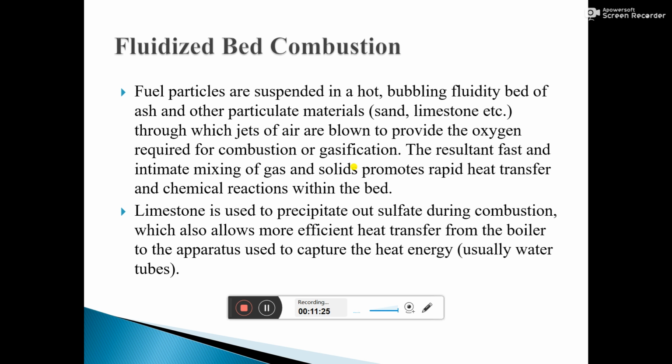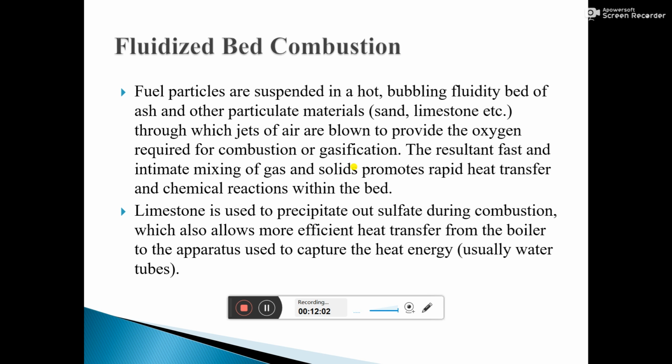In this way, we are combining the fluidized bed with the combustion of a solid. Actually, we can efficiently combust a solid by combining the process of combustion with a fluidized bed, because the fluidized bed provides efficient mixing of the oxygen which is inside the air and the fuel particles in the fuel.